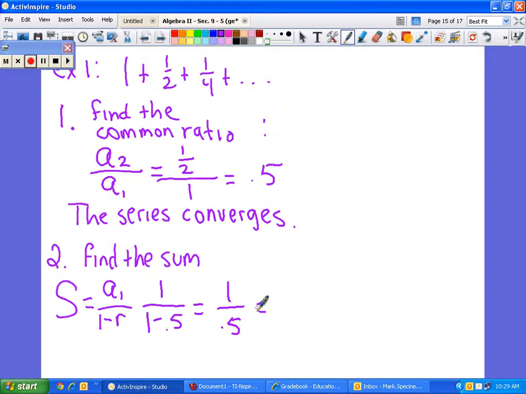It's 2. How? Put it in your calculator. Do 1 divided by 0.5. 0.5 goes into it twice. Thank you. And that's it. That's the answer. The answer is 2.